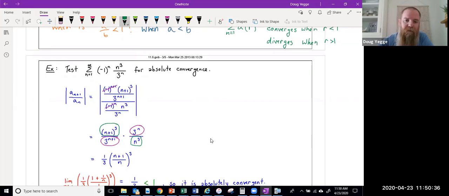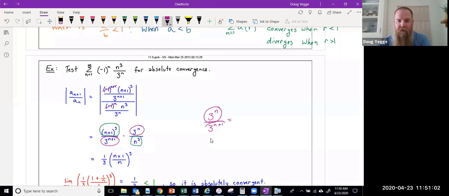So the first thing to realize is whenever you have powers of n and n plus 1, let's just focus on how we would simplify 3 to the n over 3 to the n plus 1. Well, you could do a little algebra and just recognize what's happening. This right here means multiply a bunch of 3's together.